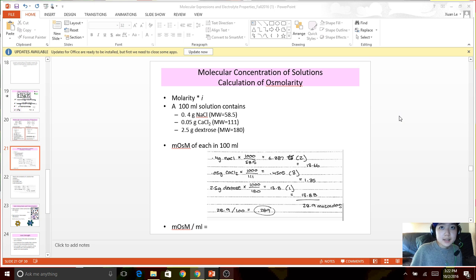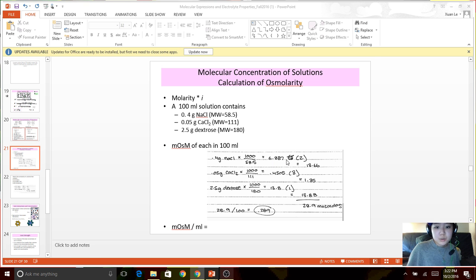So for this problem right here, we're going to calculate the osmolarity. To do that, first we need to calculate the moles of each molecule and then multiply by the number of particles, which gives us what each molecule contributes to the solution, in order to get the osmoles of each species. So right here we have 0.4 grams of NaCl. We're going to multiply that by 1000 over the molecular weight of sodium chloride, and that gives us the millimoles.